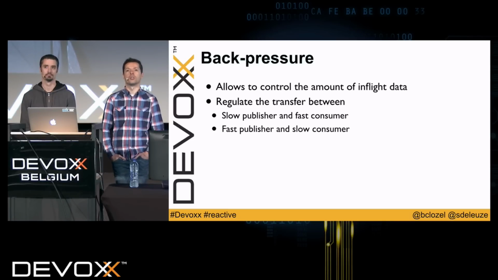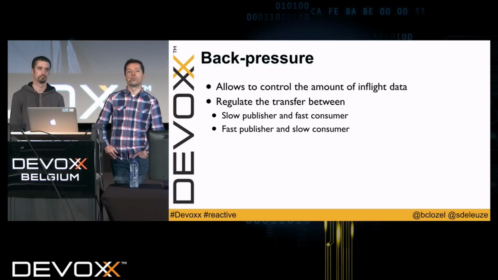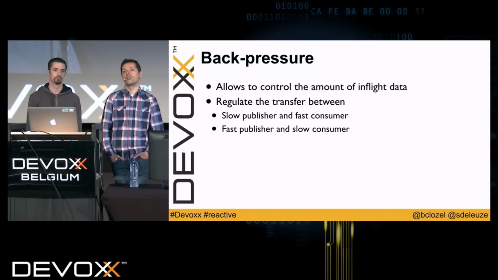Those messages or tasks pile up, and at one point either your system breaks and you throw an out-of-memory error because the queue is so big, or the latency and the expected performance of your system is totally wrong. That can happen even for a simple web app: if you're accepting more requests than you can actually handle, then at some point the latency will be very bad for your customers.